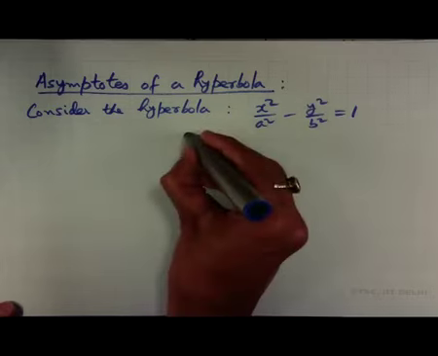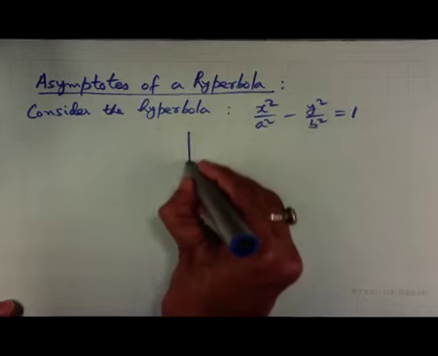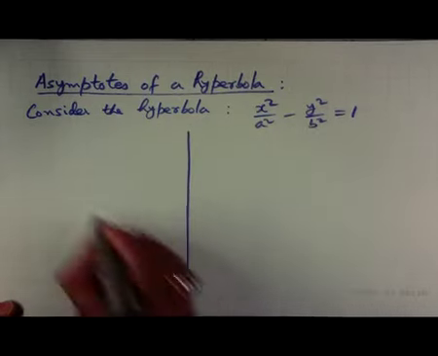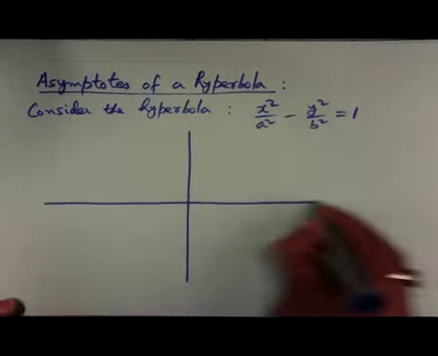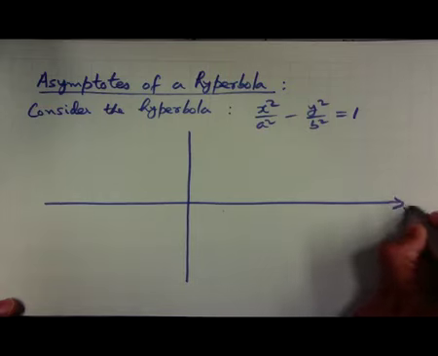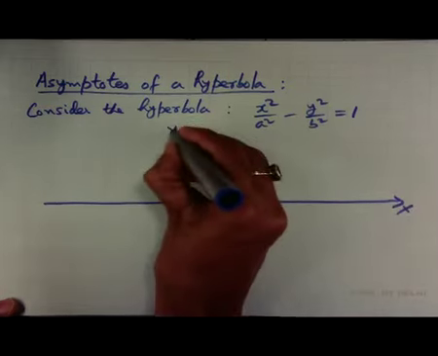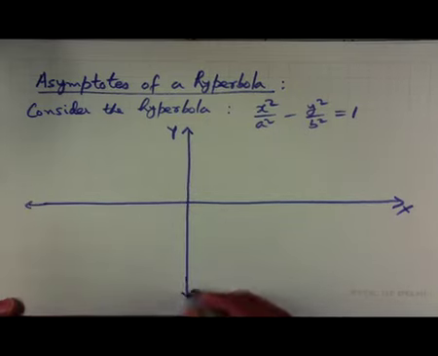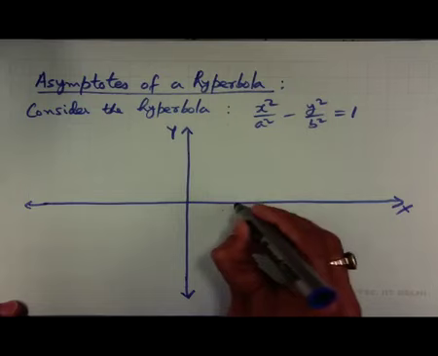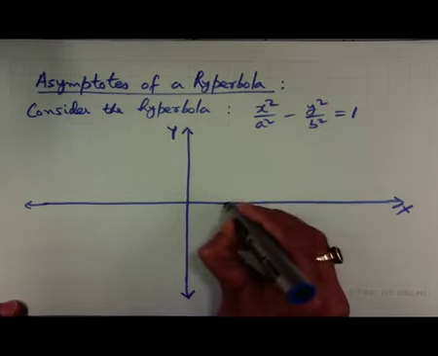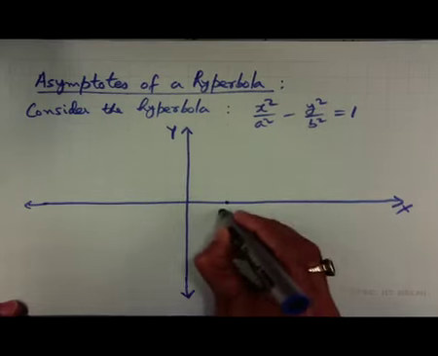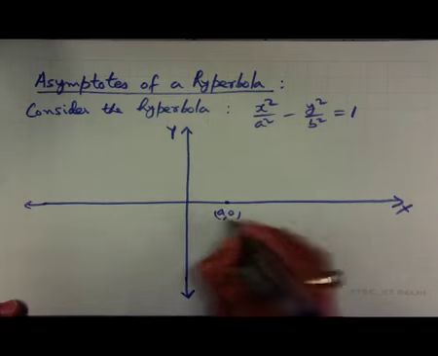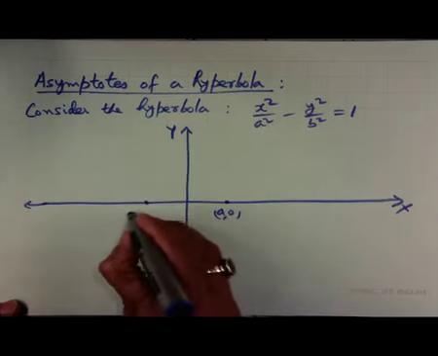So, if we draw this hyperbola, this has vertices at (a, 0) and (minus a, 0).